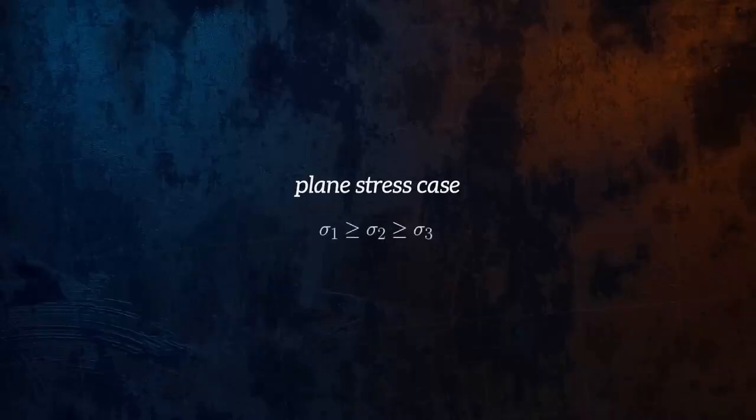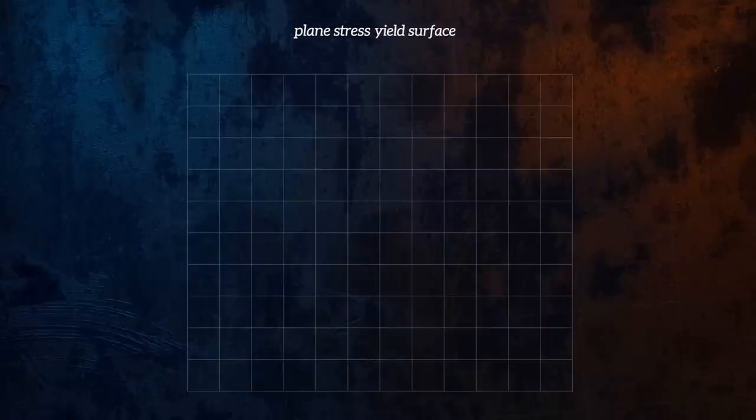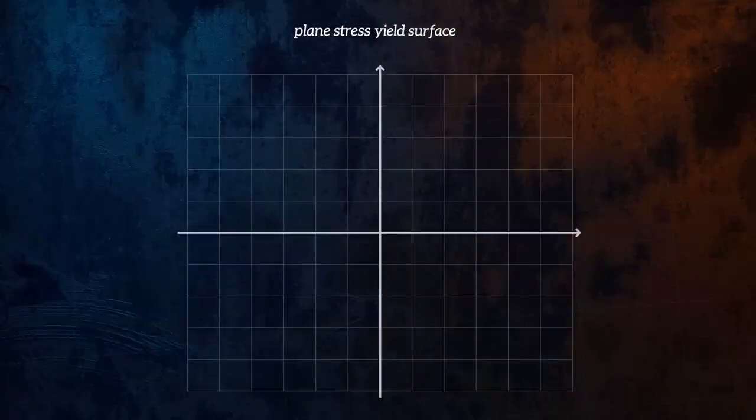By convention, principal stresses are ordered from largest to smallest, like this. But since we don't know yet how the stresses will be ordered, I'll refer to them as sigma A, sigma B, and sigma C instead. We'll say that sigma C is equal to 0, and so the two axes of our yield surface graph correspond to the two non-zero principal stresses, sigma A and sigma B.